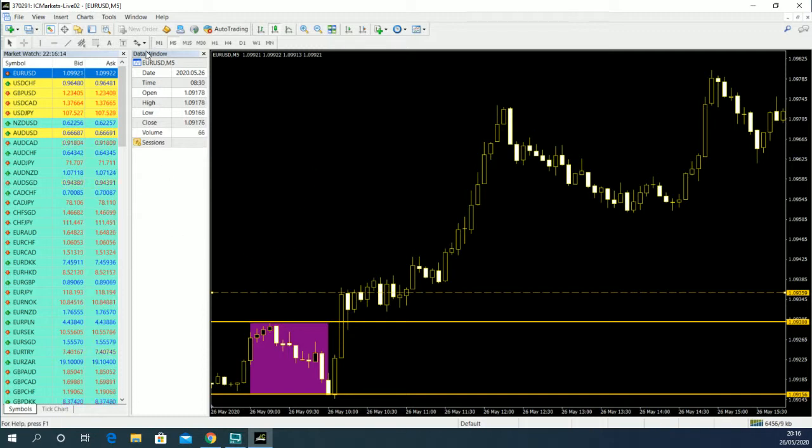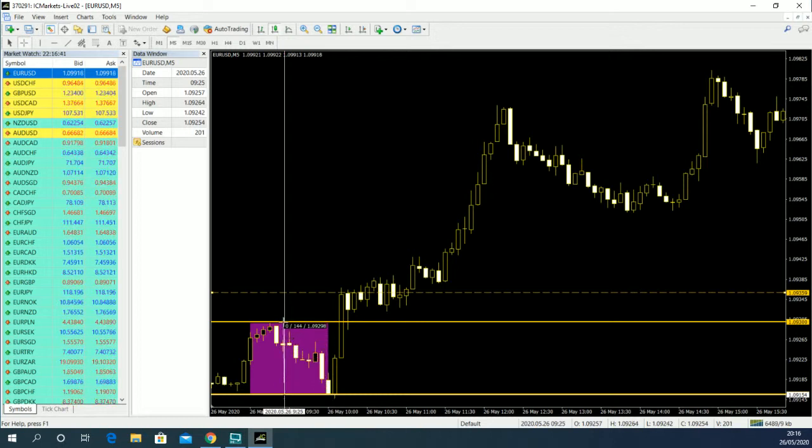Now the question is, what is our stop loss? Stop loss is the lower line. So when you buy, your stop loss is the lower line. If you sell, your stop loss is the higher line. And the second question, as you all know, is what is the take profit target? The take profit target this time around will be the size of this box.